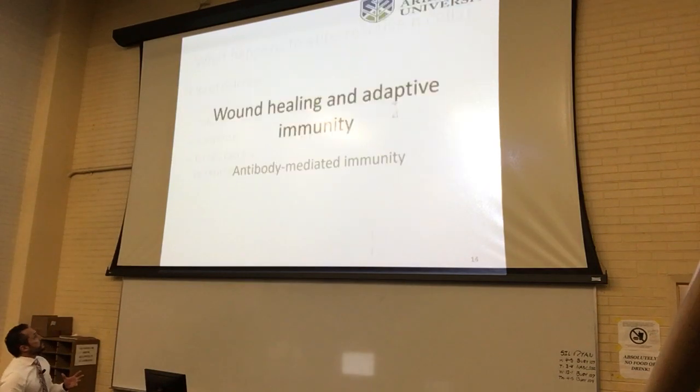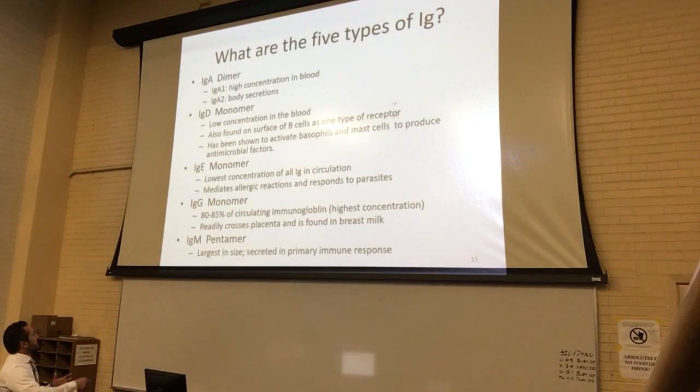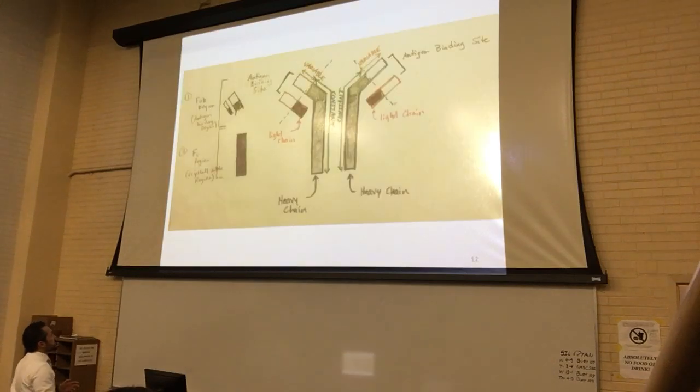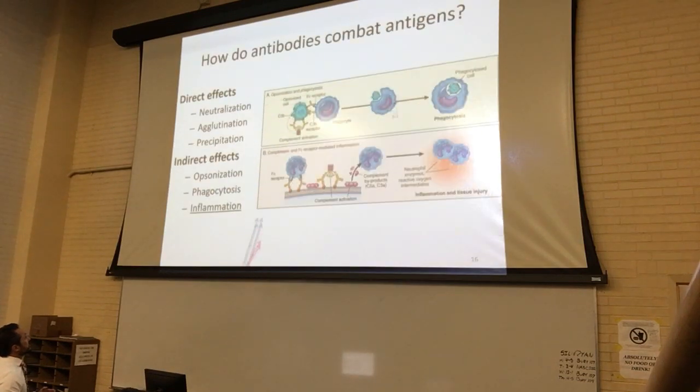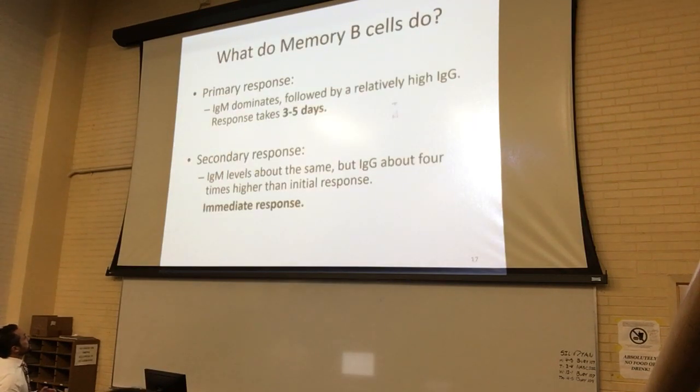So if I go back, what is it talking about right here? Secreted in the primary immune response, and it's the largest in size. It's this one right here, and it's the first one on the scene with the response, followed by high levels of IgG.